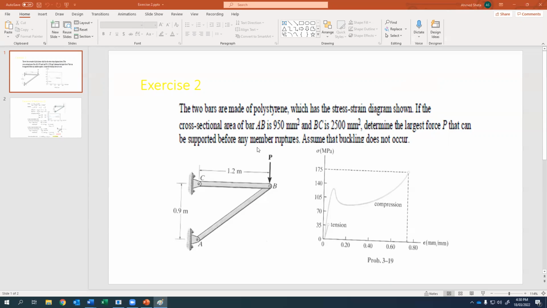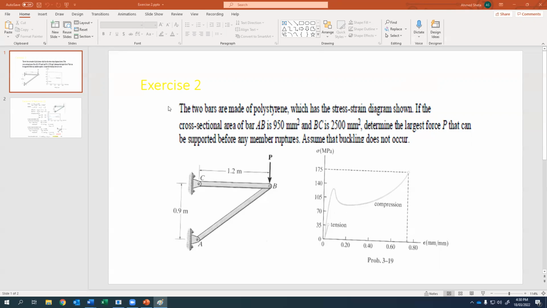In this example, we have this type of truss of two link members connected at B and supported at points A and C, and we have an unknown load applied at B, and we need to find this unknown.